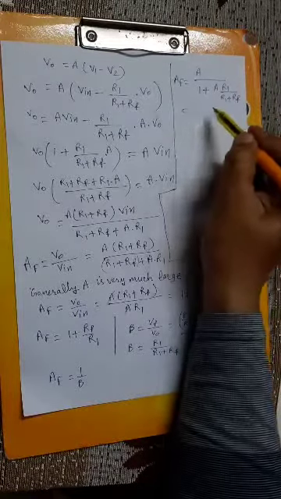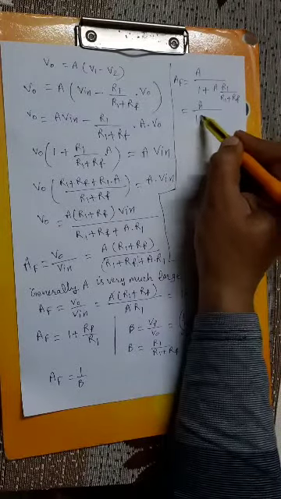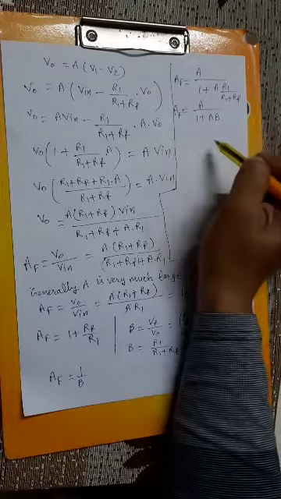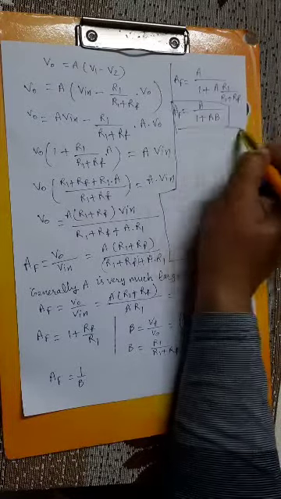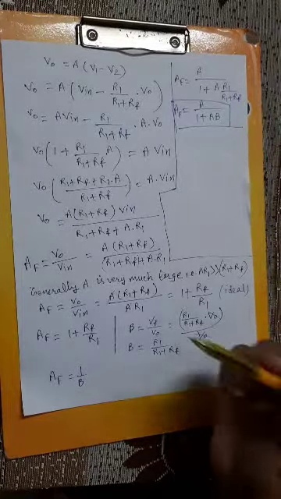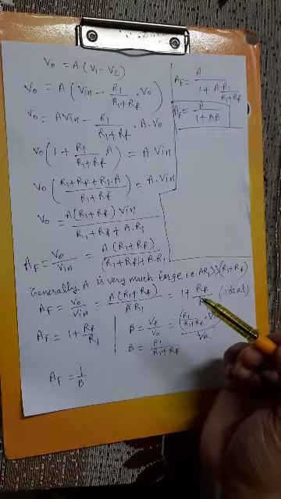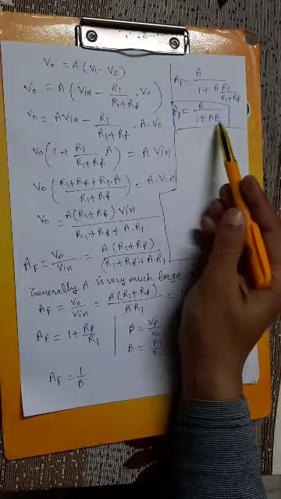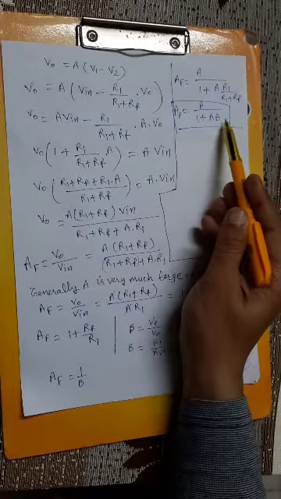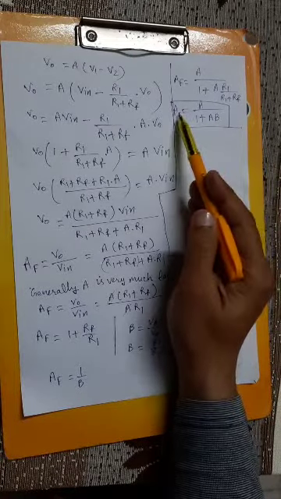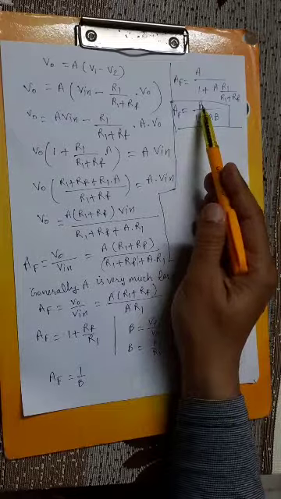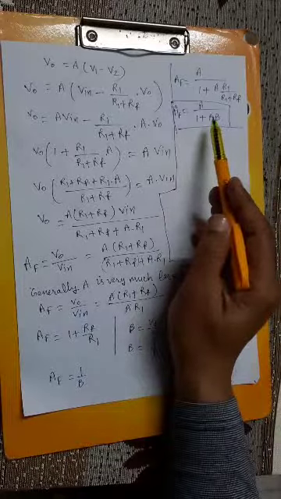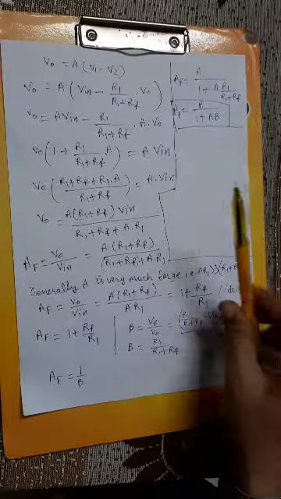It means A by 1 plus A beta. So AF is equal to this. This is what I want to show you. AF is the closed loop voltage gain, A is the open loop voltage gain, and beta is the gain of the feedback circuit. So this is the relation between these three. Okay students, thank you so much.